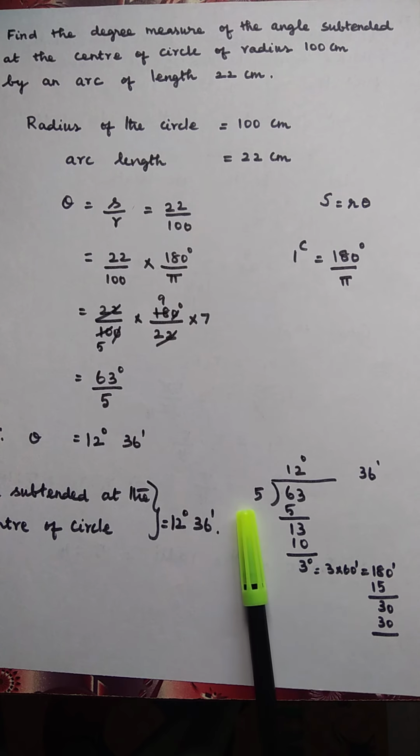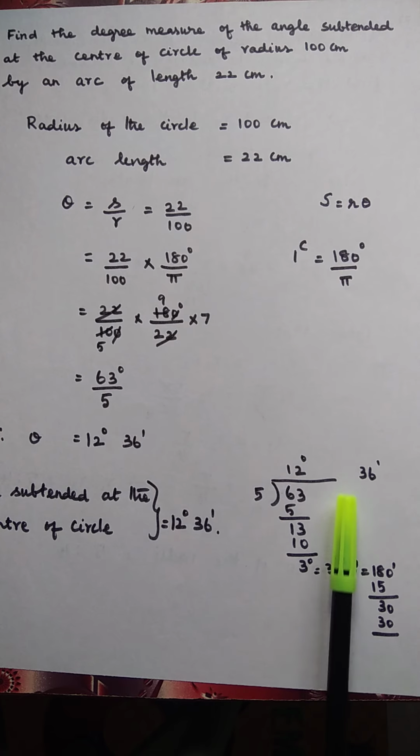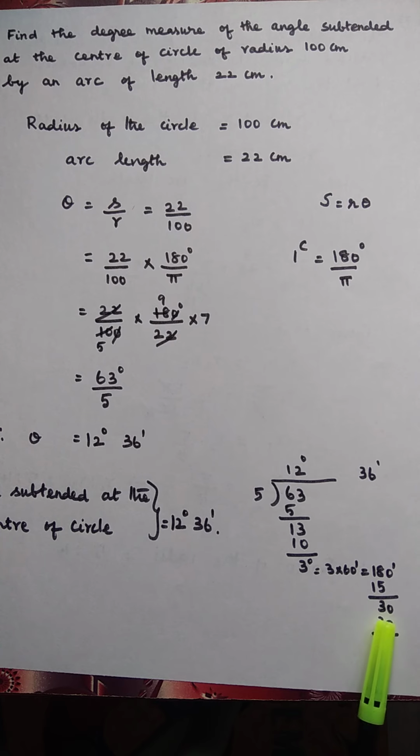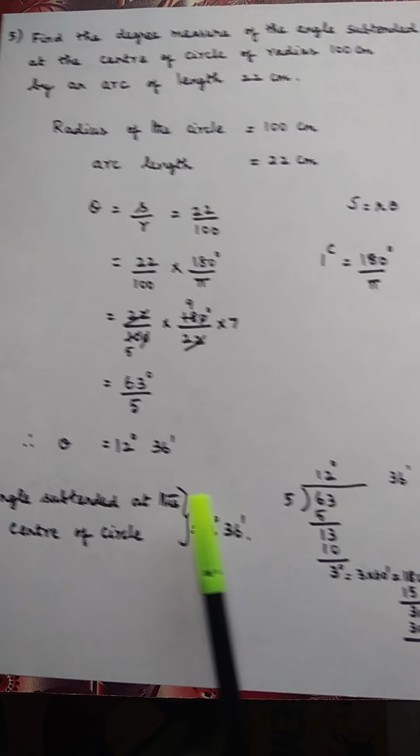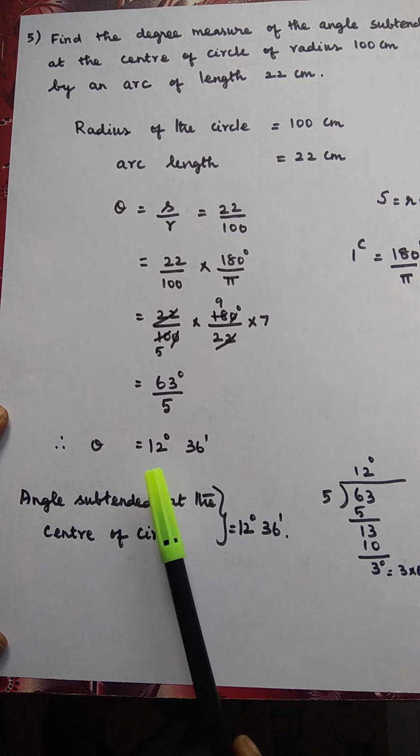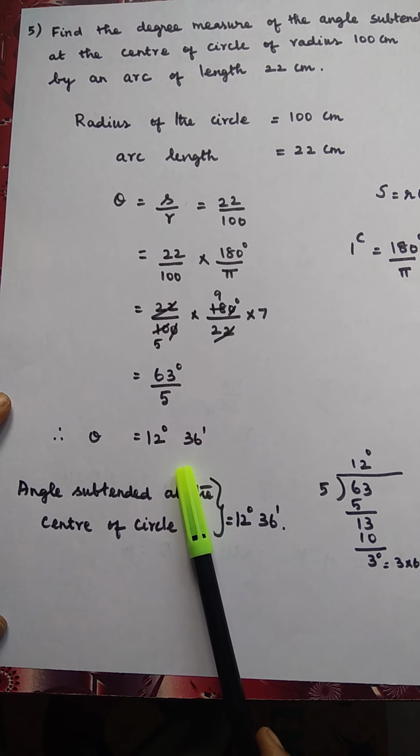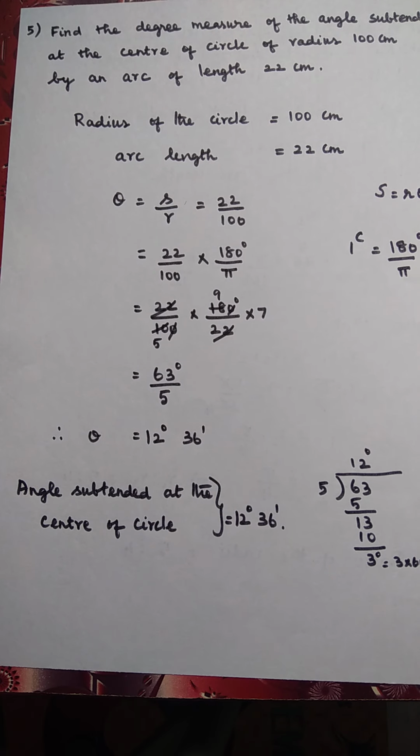Now 180 divided by 5 again. 18, 3 times 15, subtracting, 3. Bringing down the 0, 30. 30 divided by 5 is 6 times. So 12 degree 36 minutes. So theta equal to 12 degree 36 minutes. Therefore, the angle subtended at the center of the circle is equal to 12 degree 36 minutes.